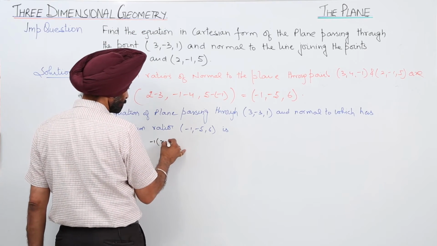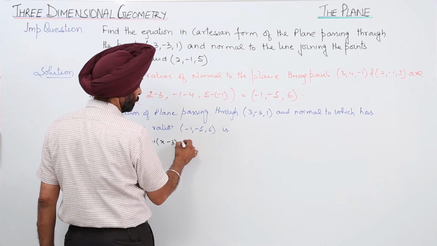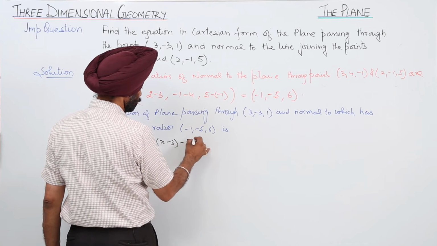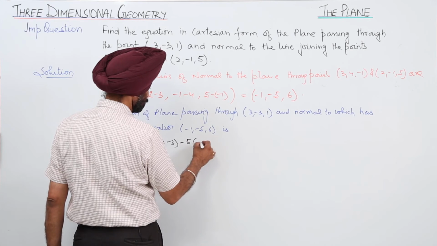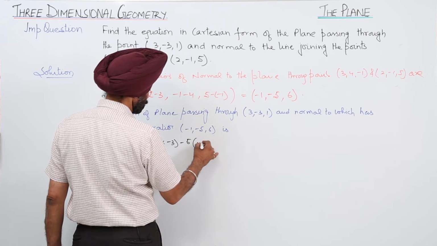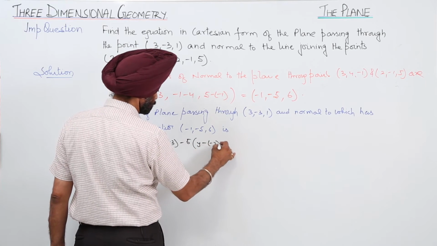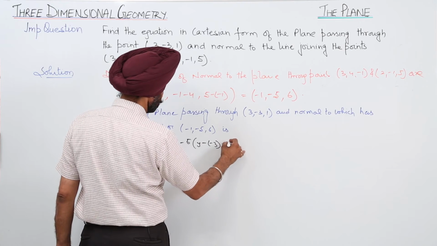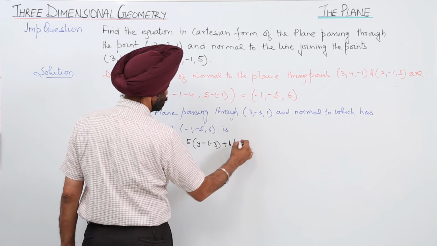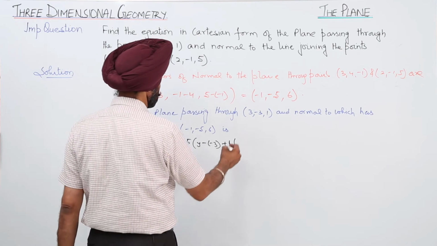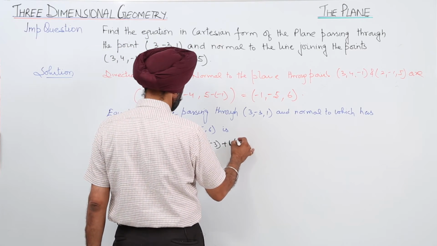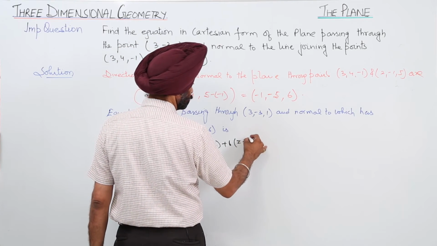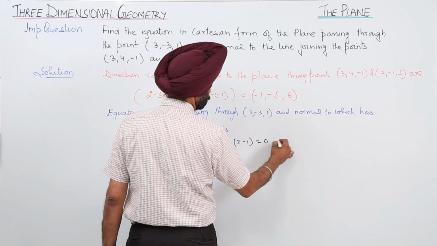So, minus 1 with x minus 3, minus 5 with y plus 3, plus 6 with z minus 1 is equal to 0.